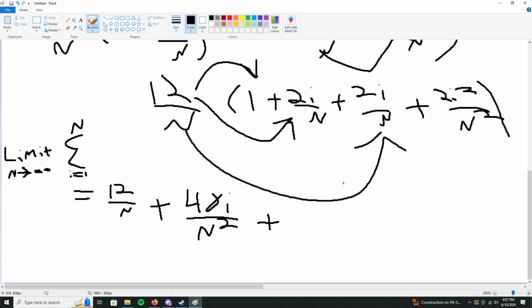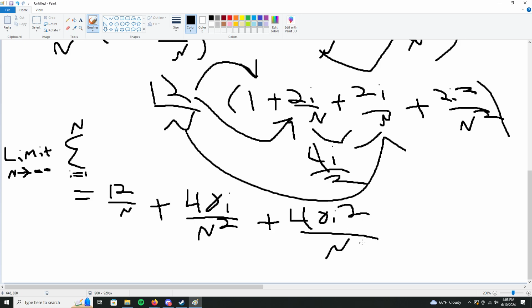I forgot to add these terms, 2i plus 2i equal 4i, times 12 is where I'm getting that 48 from. And then plus 48i squared over n cubed.